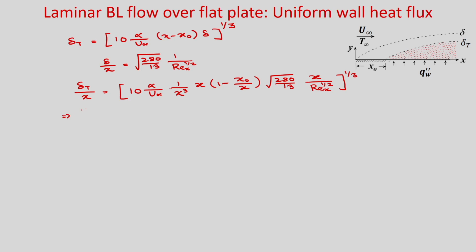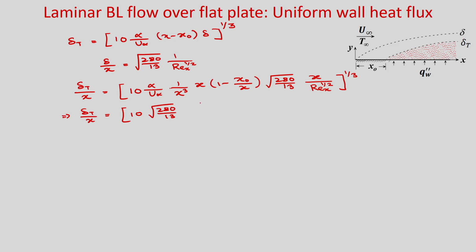So, you can find delta T by x as, so here you have x square, okay, and so if you rearrange it, so you can see you will get 10 root 280 by 13, okay. So, alpha is k by rho Cp, okay. So, k by rho Cp. So, what we will do?